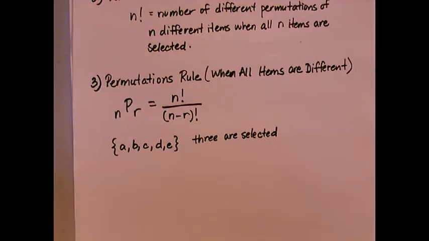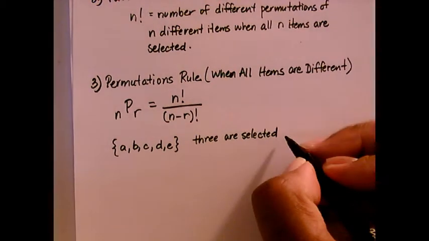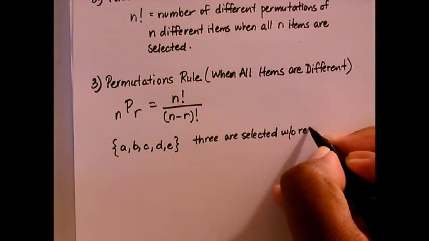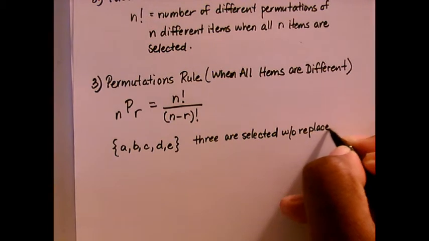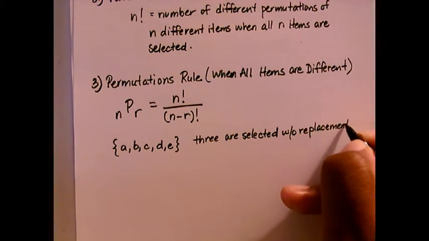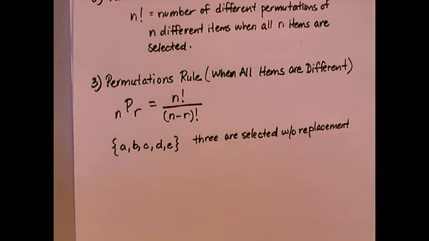Okay, that's very important. So here 3 will be selected without replacement, and we want the number of different permutations in this case.